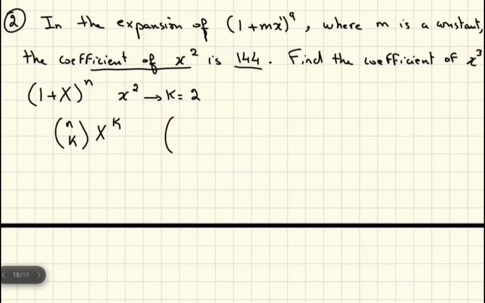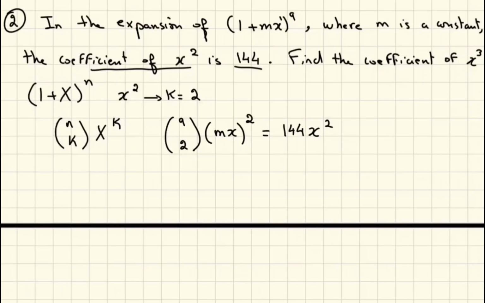I will write n in this case is 9, K is 2, big X is mx exponent 2. And I know that this answer will give me the term with x squared and the coefficient of x squared. They mentioned it in the question as 144.